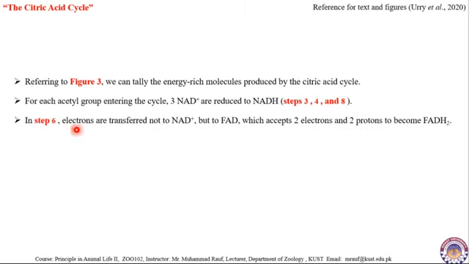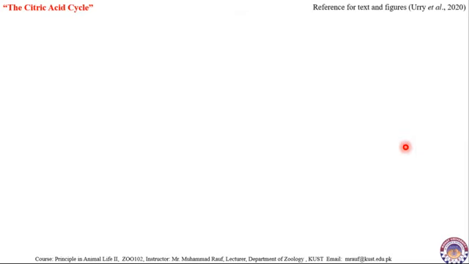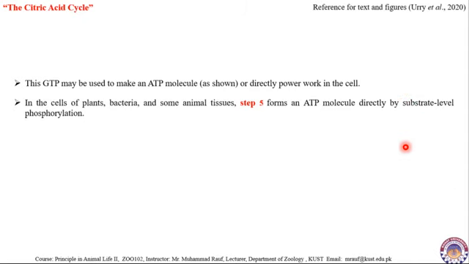In step 6, FAD instead of NAD is used and FADH2 is formed. So this is substrate level phosphorylation. The GTP may be used to make an ATP molecule or directly power work in the cell. So there is no specific difference between GTP and ATP, and it is formed in the 5th step of the Krebs cycle through substrate level phosphorylation.